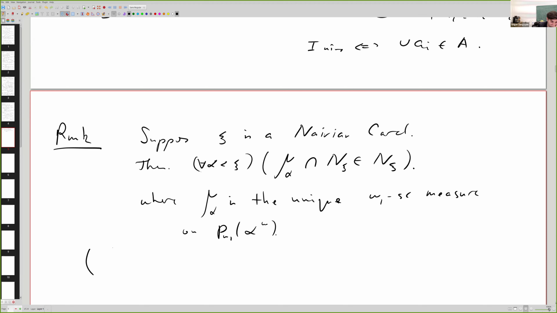Remember, N psi is L psi odd, up to... So I have HOD in this model. This model is closed under OD definability. So the subsets of alpha to the omega that are in the measure.